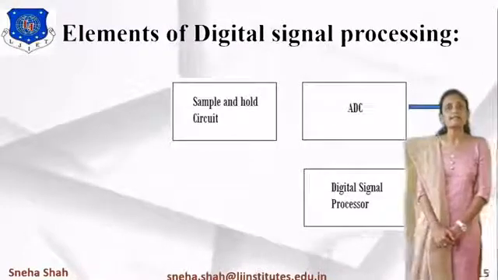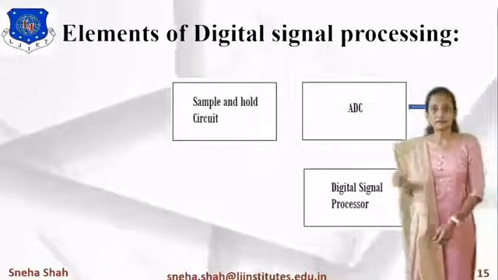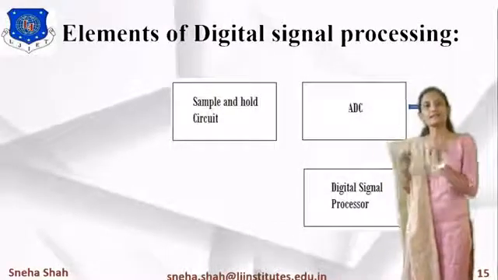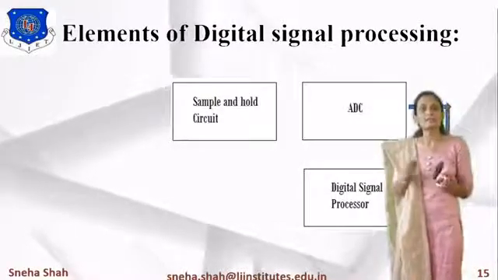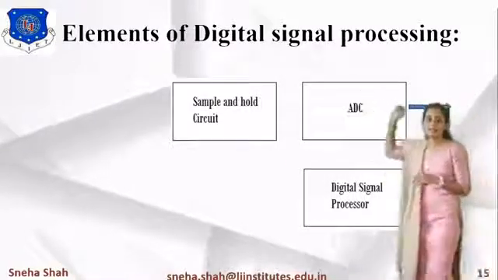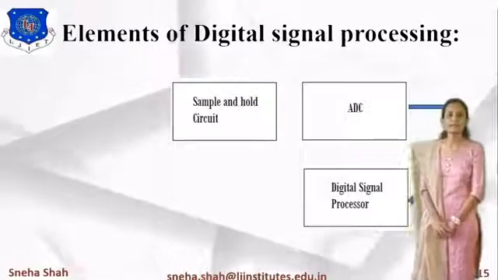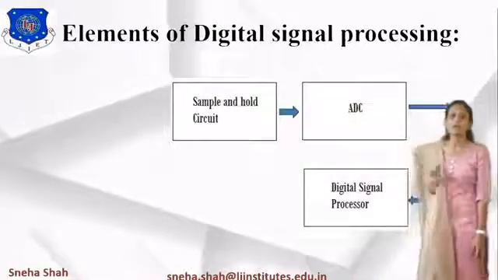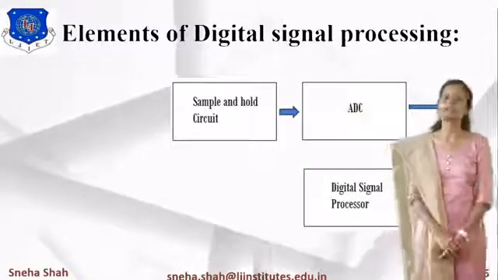It takes a sample at a particular instant of time, holds that sample until the next sample arrives, then applies it to the output. The output of it is given to the analog to digital converter to convert the signal into digital form.